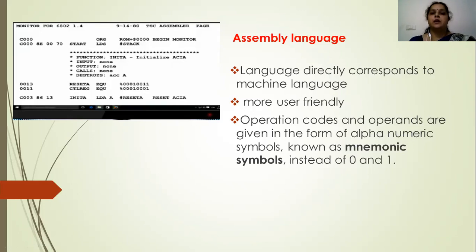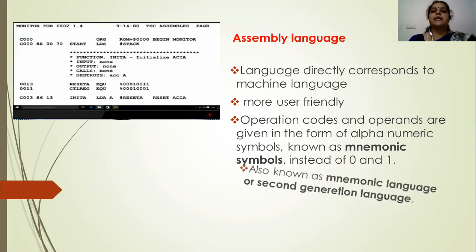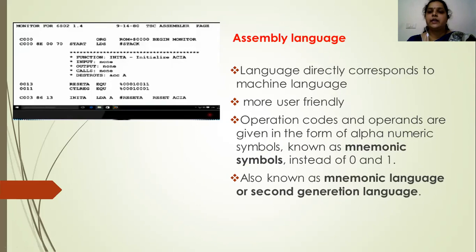So that is why another generation, a second generation language, was invented, in which 0 and 1 were substituted by operation codes and operands. Those are known as mnemonic symbols.